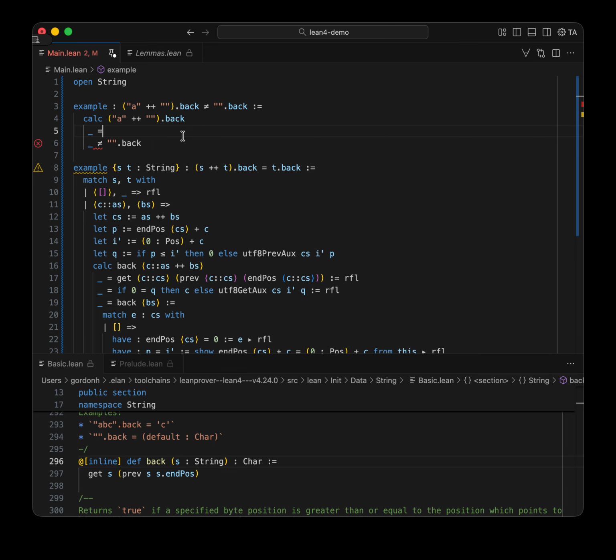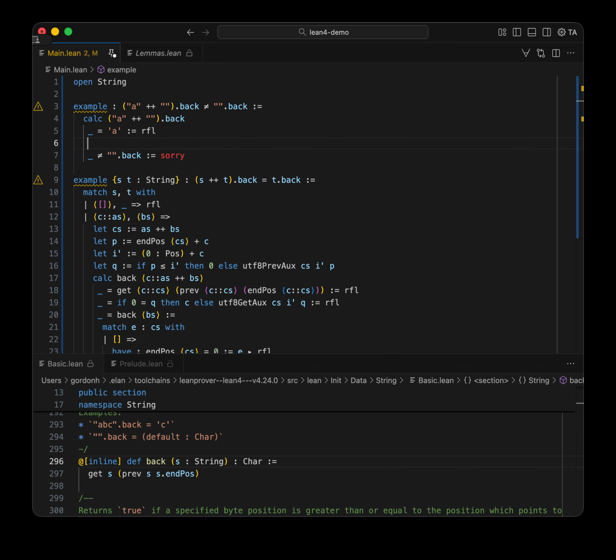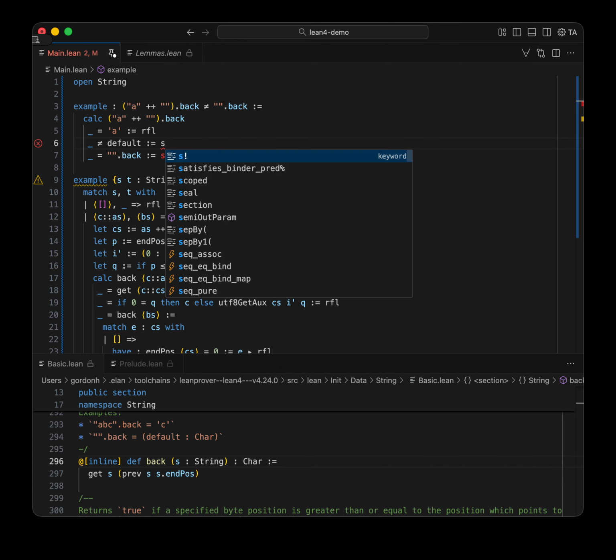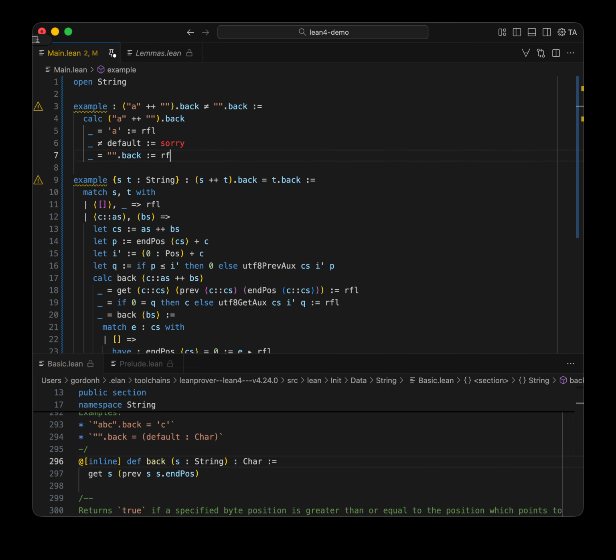By definition, it should reduce to little a.back. It should reduce to just character little a. Let's reason backwards. This reduces to default character. As we can recall, this is actually uppercase A.